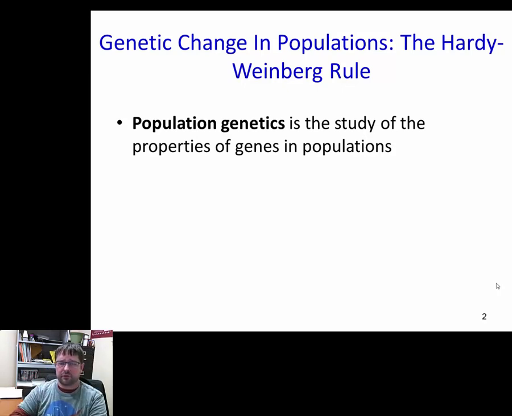We'll get to Hardy-Weinberg in a second here, but the overall premise behind population genetics is to study the genes of a given population, whether that be fish or invertebrates or humans, whatever it might be. You're just studying the properties of those genes, often trying to figure out if the genes or the frequency of the genes are changing.